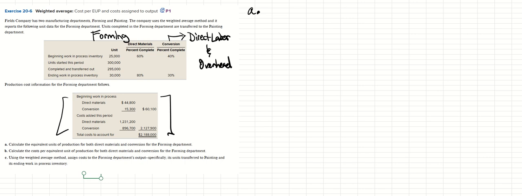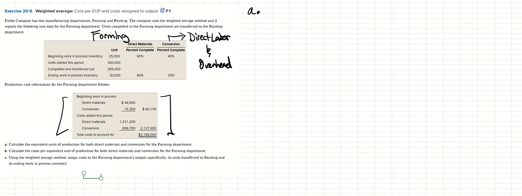Just to briefly talk about EUP, equivalent units of production: this is a method you use to assign costs to partially completed items or units.